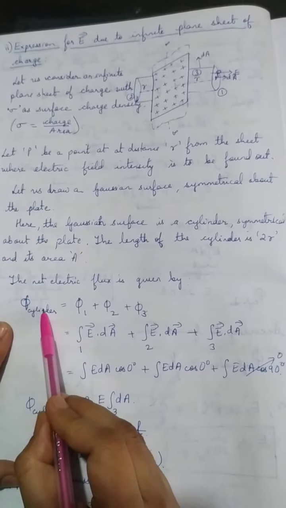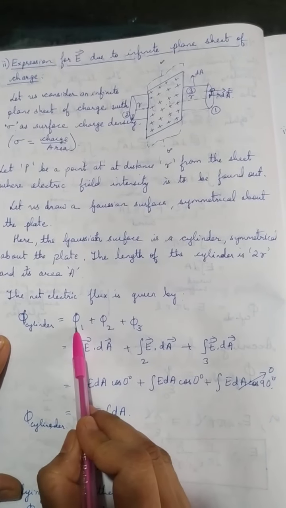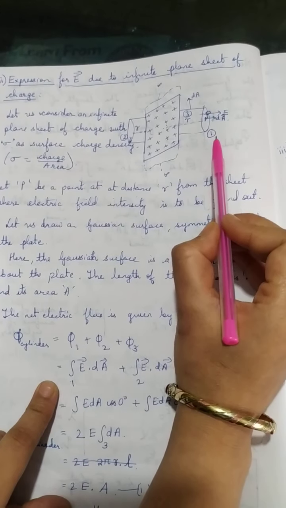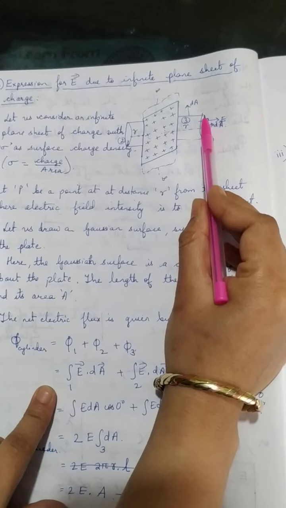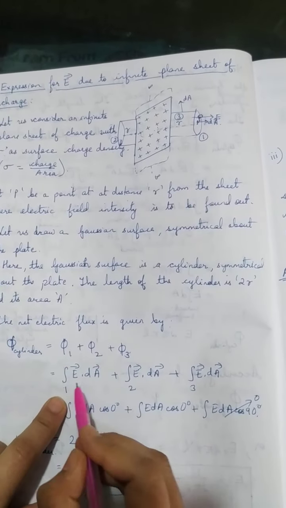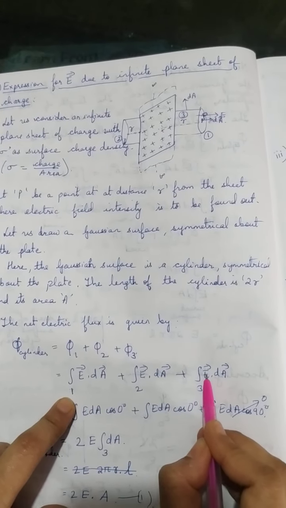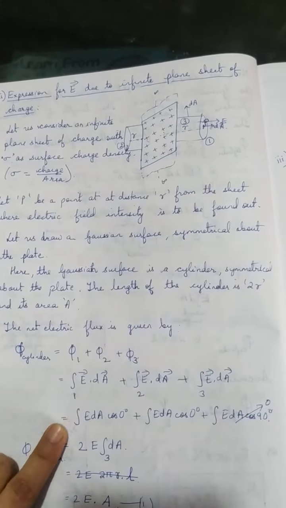Alright, so we will divide the total into three parts, phi 1 plus phi 2 plus phi 3. Now phi 1, you can see in the diagram, I have labeled this as the first part of the diagram. So this is E dot dA over 1 plus E dot dA over 2, and the third one will be E dot dA over 3.